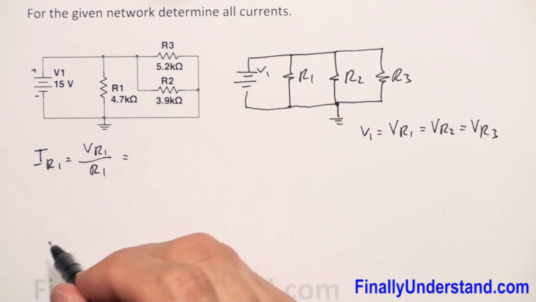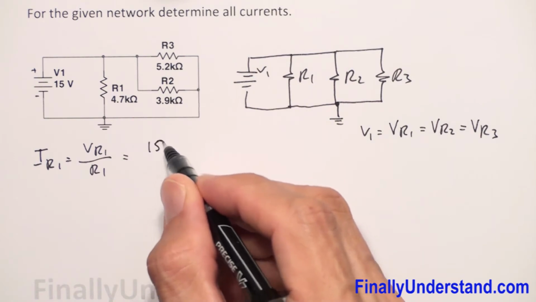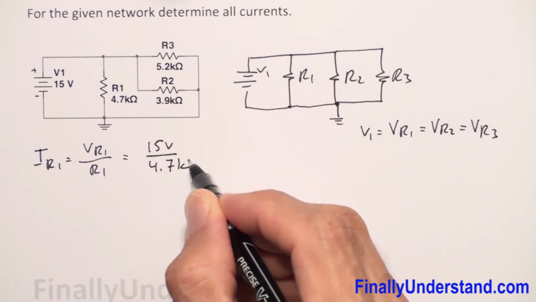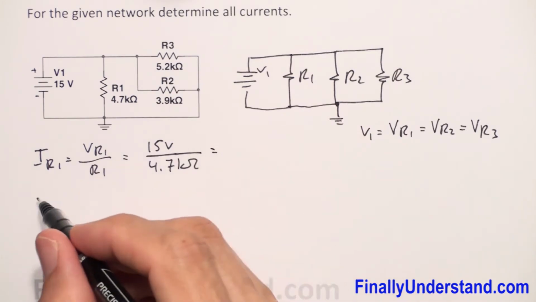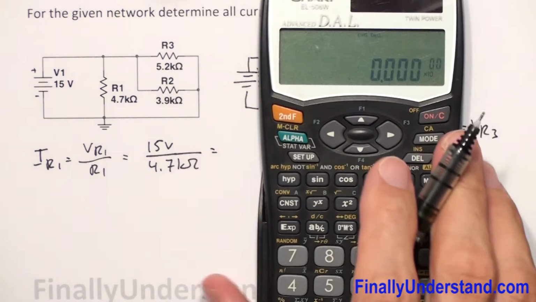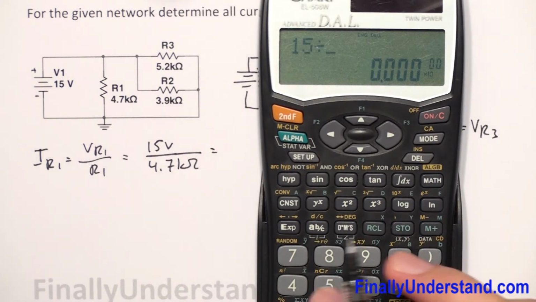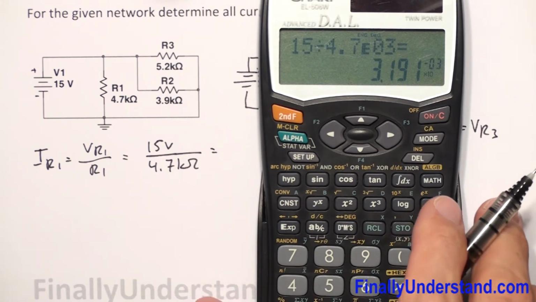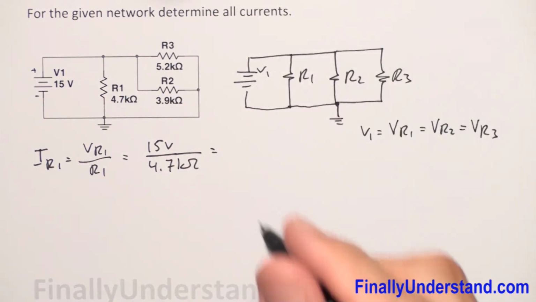So VR1 is equal 15 volts over R1, which is equal 4.7 kilo ohms. Okay, so this is equal 15 divided by 4.7 exponent 3. This is equal 3.19 milliamps.